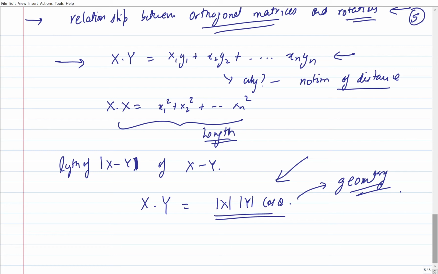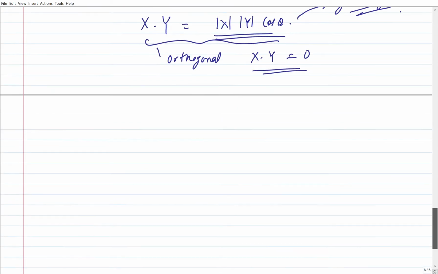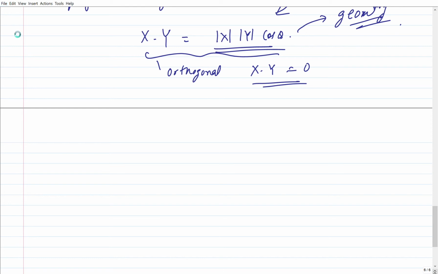Okay, so now we come to why we are doing this. We come to the proposition. Of course, you can say that vectors are orthogonal if x dot y is 0, or the dot product is 0. We defined the dot product, let's use it somewhere.